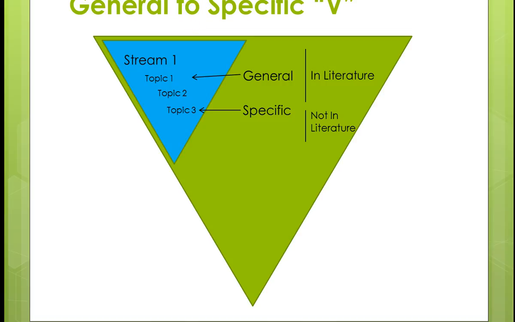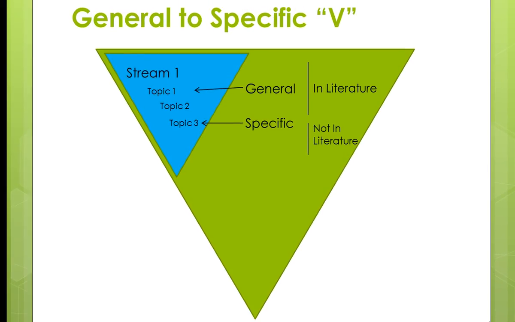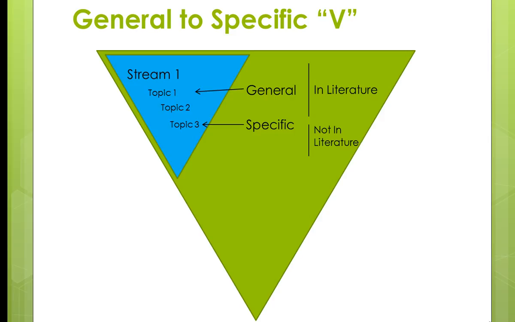Let's just move this up so that you can see it a little better. Okay, there we go. So going general to specific then in a V, we have topics then within each stream, right? And so view this as, as you have this discussion, that you are sitting around your kitchen table and that all of your authors are there with you.